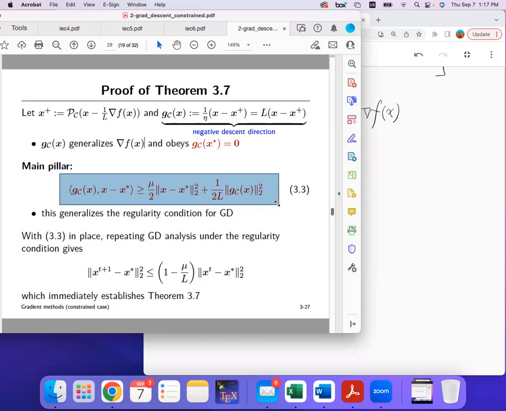This is an inequality about the generalized gradient. It's G_C(x) dot product with x minus x star, which can be lower bounded by these two terms.